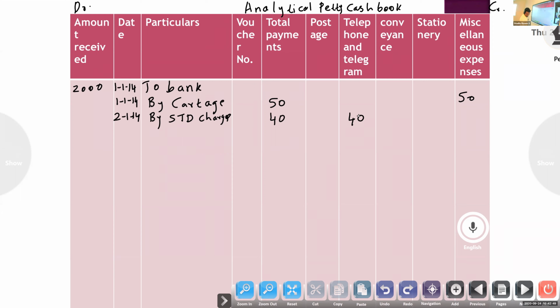Next, third one, by bus fare 20. Which column? Hadi, bus fare. Conveyance.